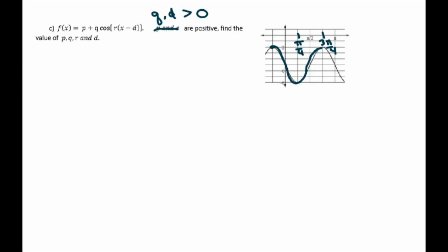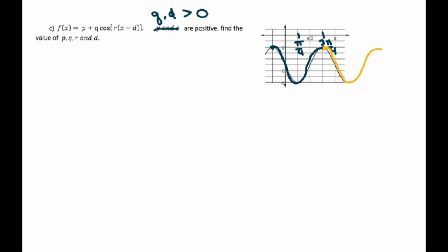Since we want this to be cosine, and we start here, we're shifting this whole cosine wave to 3 pi over 4, because we want D to be positive. So basically, we can already tell that, and Q has to be positive. So we're really starting here, even though the graph has all this other stuff.